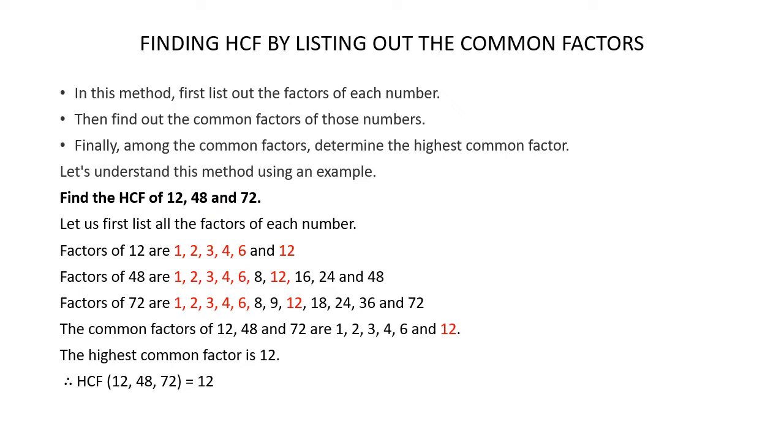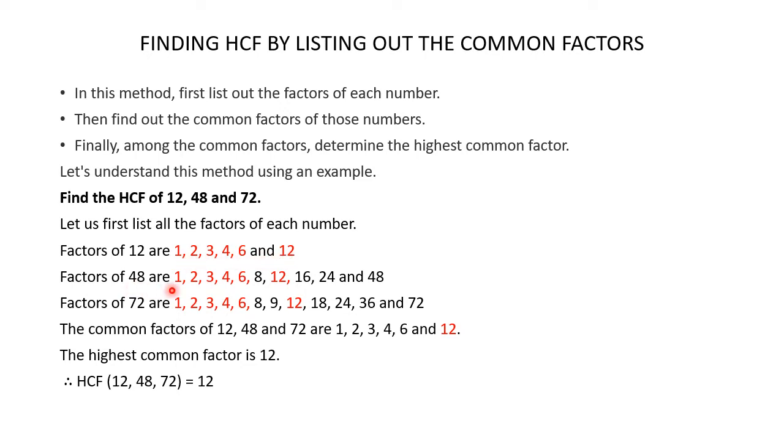First list out all the factors of 12, 48 and 72. So the factors of 12 are 1, 2, 3, 4, 6 and 12. These numbers divide 12 completely without leaving any remainder. So these are the factors of 12.